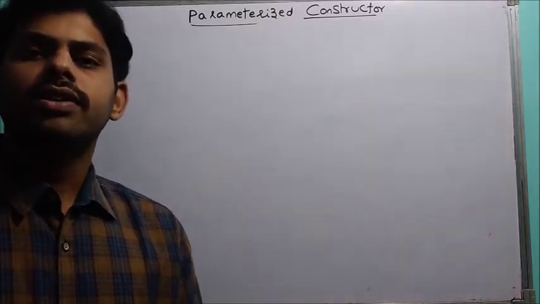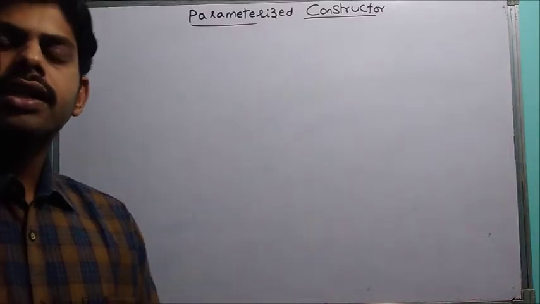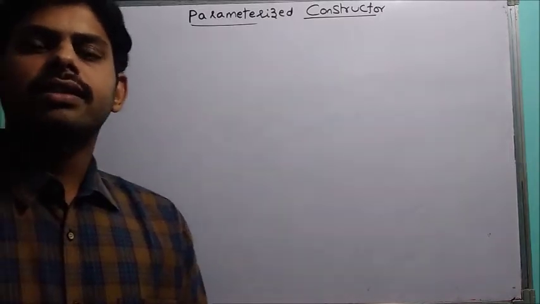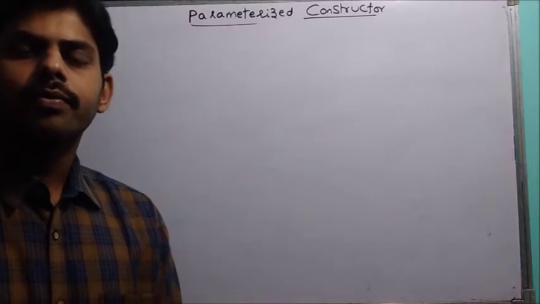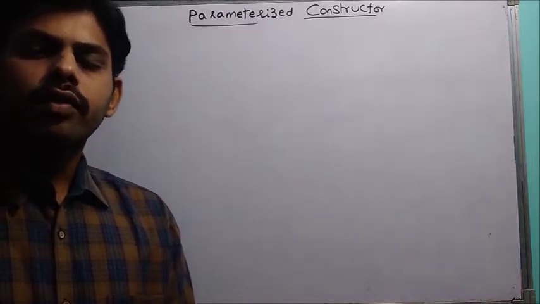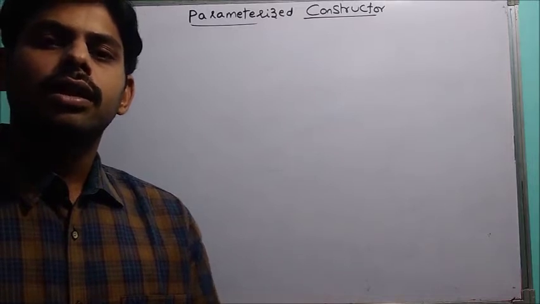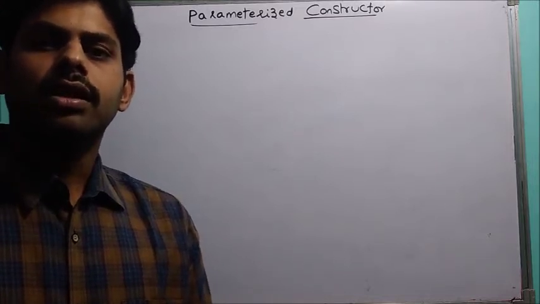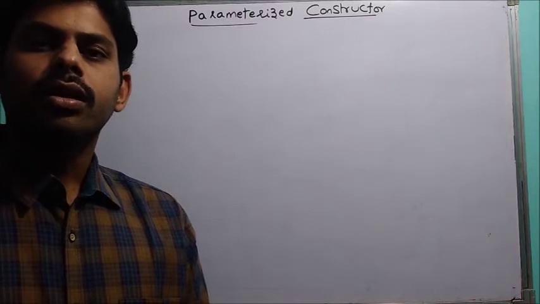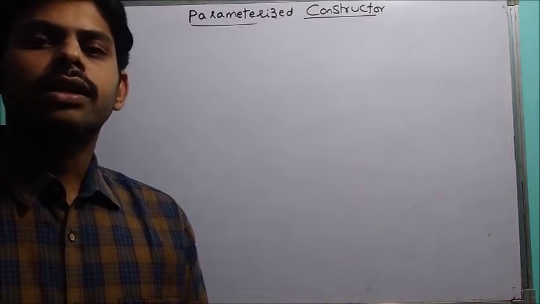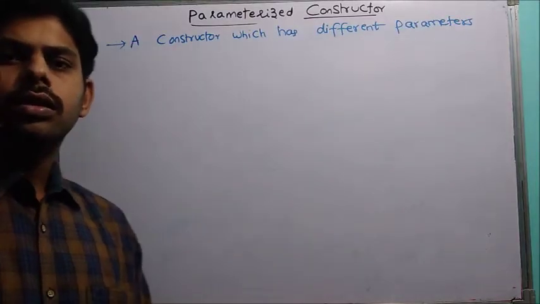There are three types of constructors: one is a default constructor, a parameterized constructor, and a copy constructor. In that particular video, I have discussed all these points and the default constructor concept. So please watch my introduction video.